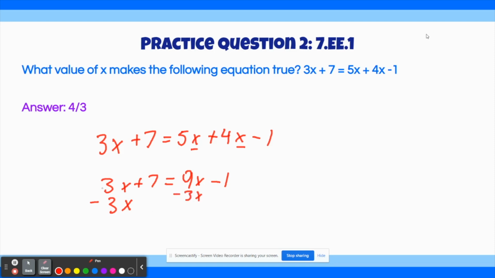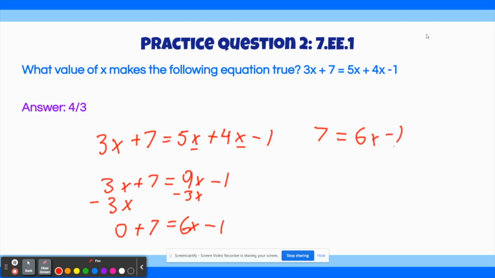And so then we get 3x minus 3x equals 0. So we have 0 plus 7 equals, so we have 9x minus 3x, which is just going to be 6x because they're like terms, minus 1. And the 0 and 7 are like terms, so 0 plus 7 would just be 7. So we get 7 equals 6x minus 1.